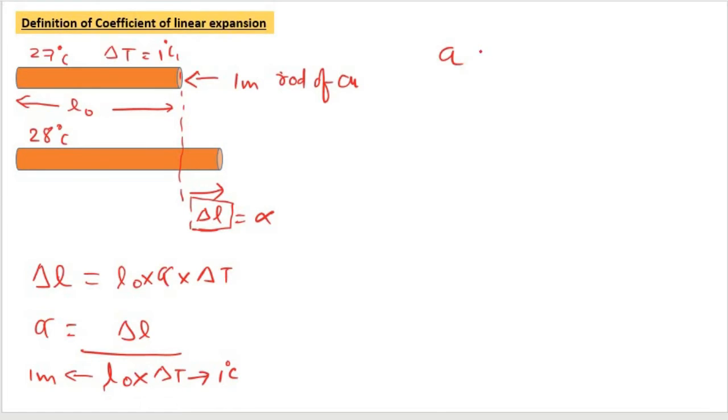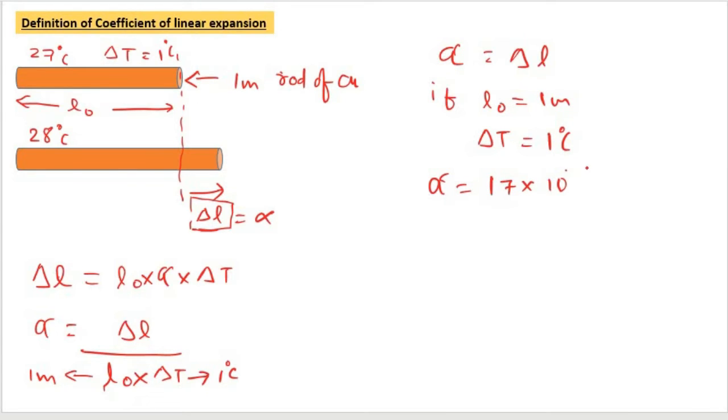So alpha would be equal to delta L if L0 is 1 meter and delta T is 1 degree Celsius. Now suppose alpha value for copper is 17 into, this is the rough value, 10 raised to minus 6 degrees Celsius raised to minus 1. Suppose this is the value of alpha for copper.